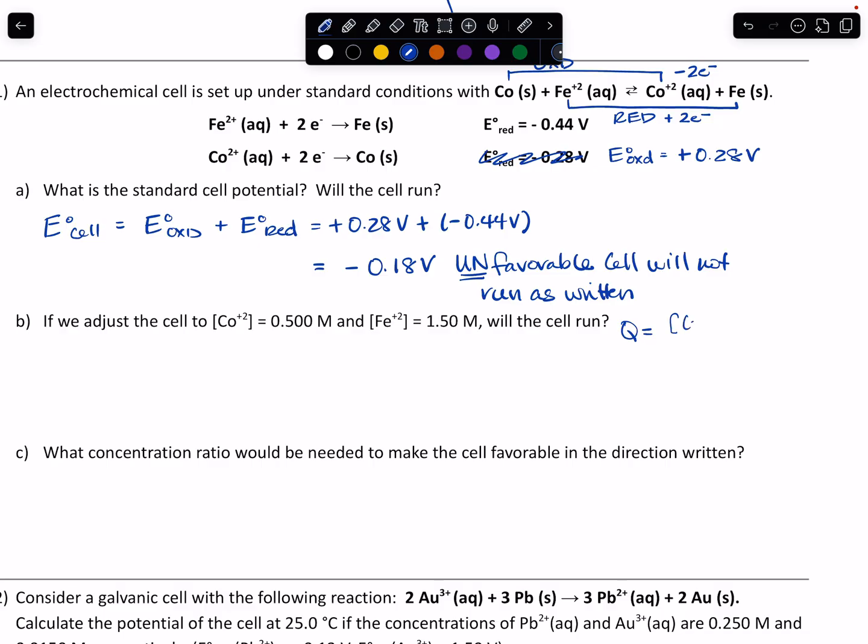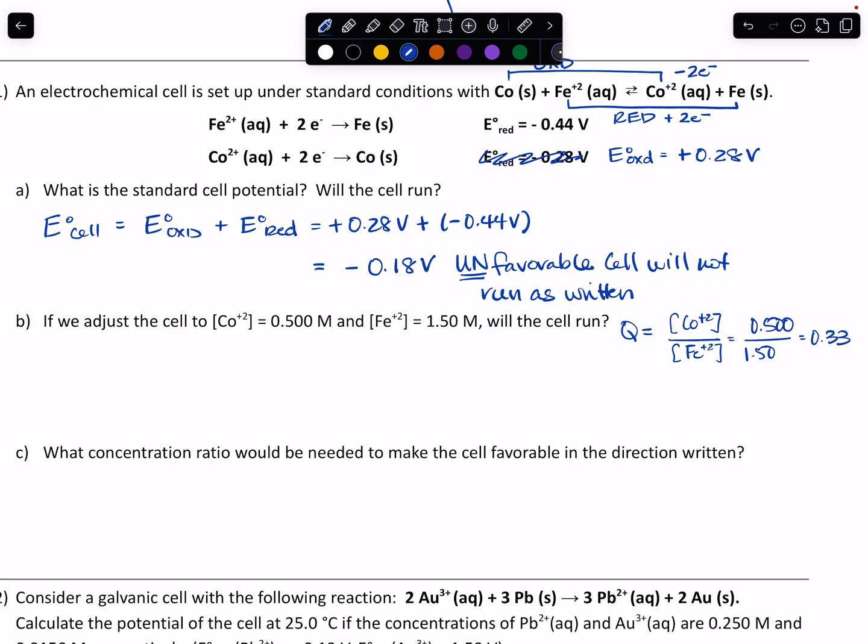We have the concentration of cobalt 2+ ions over the concentration of iron 2+ ions, because solids and pure liquids do not go into your Q calculation. That's 0.500 divided by 1.50, so we get a Q value of 0.33.